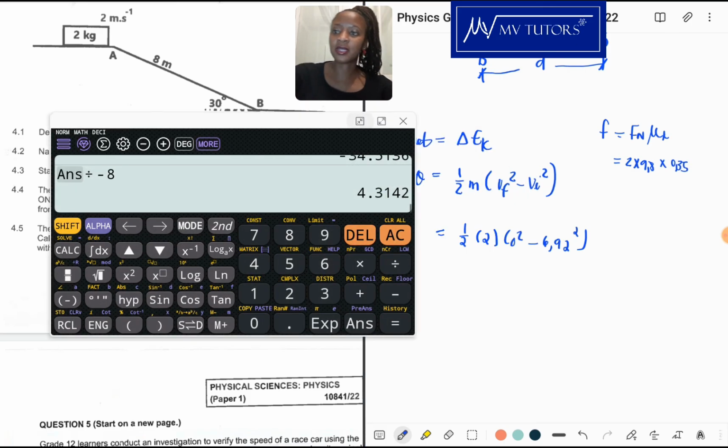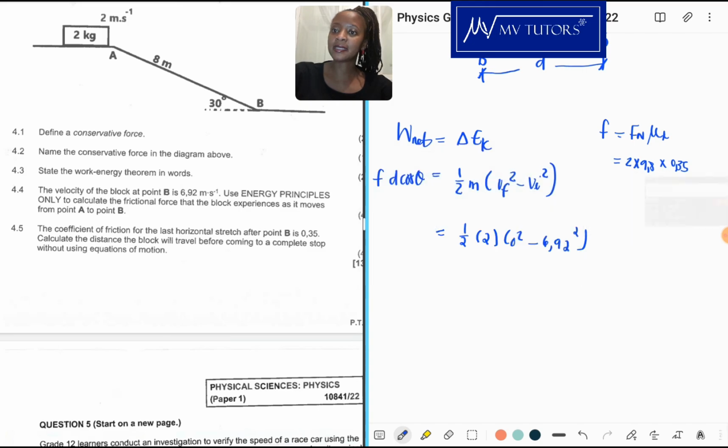So let's just calculate that quickly. We have 2 times 9,8 times 0.35. So that's 6,86. So 6,86 times cos 180 as well. Okay, so that's -1.